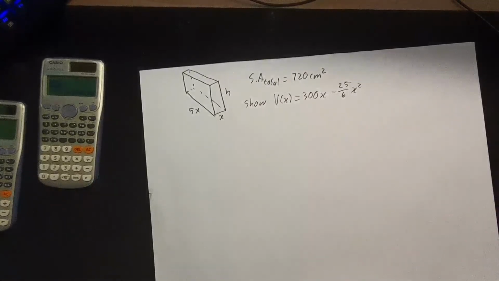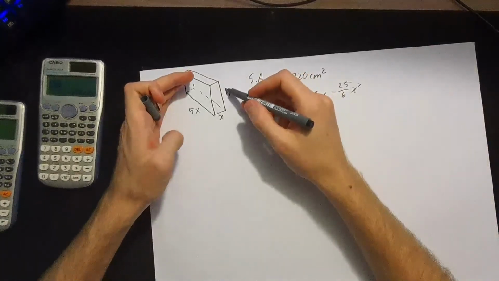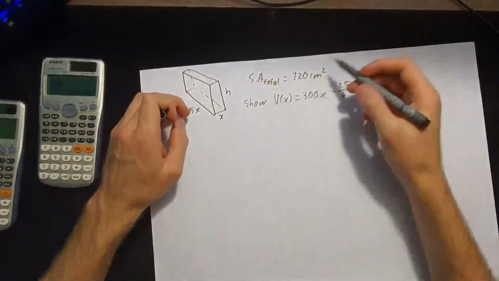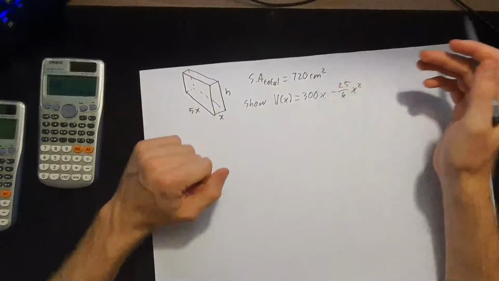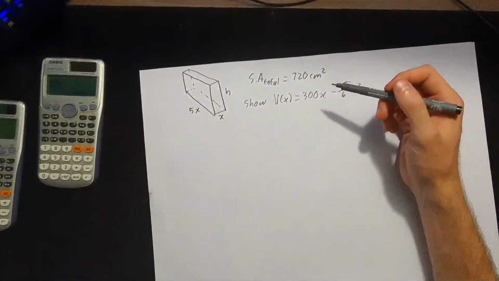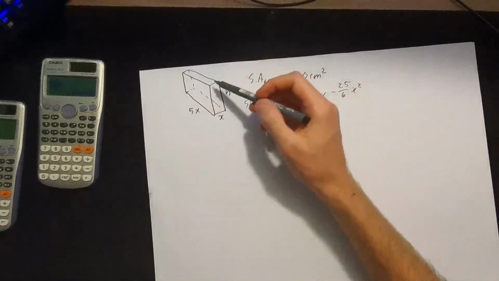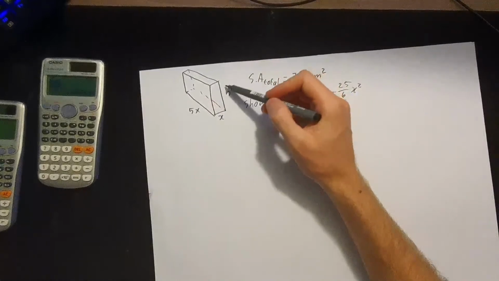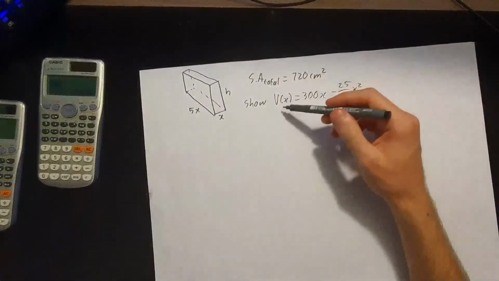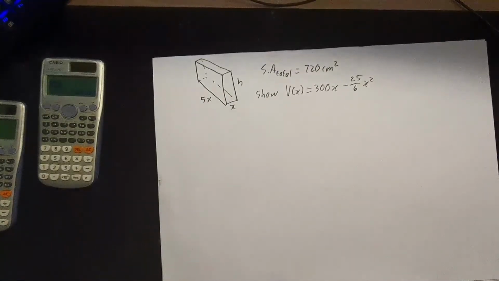In optimization questions like this, if they give you an h, a variable that's different to x, you are going to have to find it in terms of x. This one is a little bit more difficult because you have to first find the total surface area in order to get h, and then plug it in here. I'm going to give it about a minute.